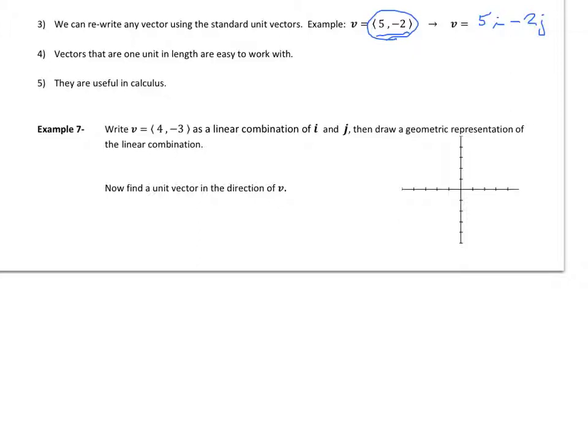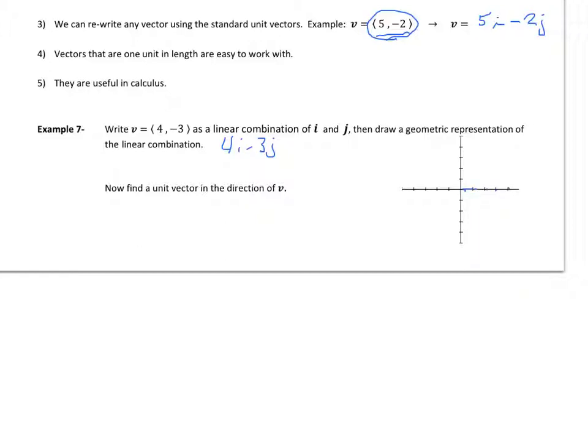Okay, so if we want to take this vector 4, negative 3 and write that as a linear combination of i and j, and then draw a representation, and then find the unit vector in that same direction. Linear combinations, pretty simple, so that is simply 4i minus 3j. We can graph that, 1, 2, 3, 4 in the i direction.